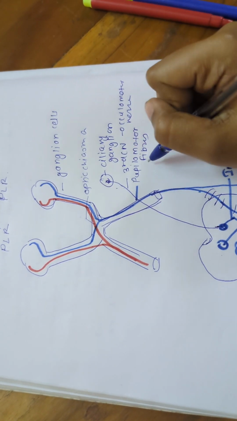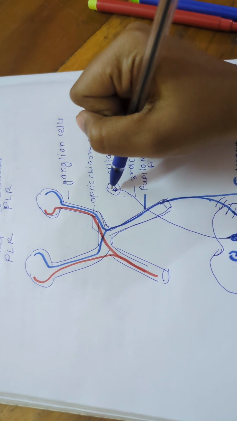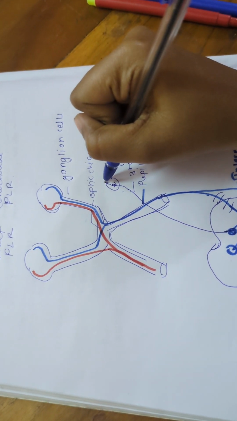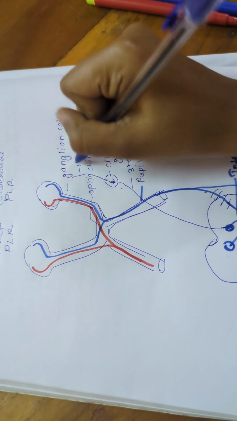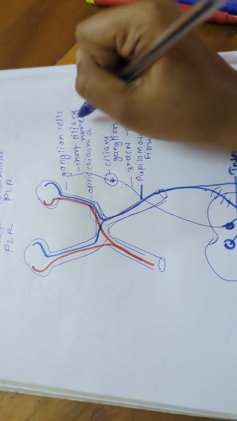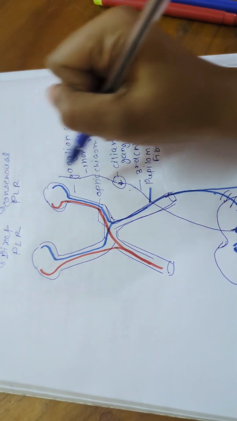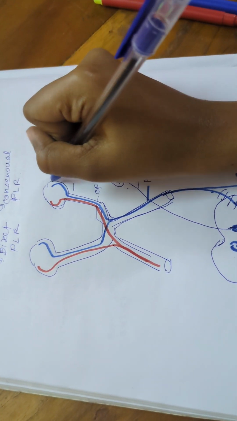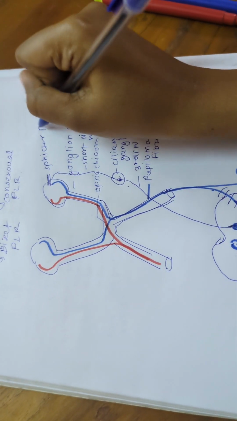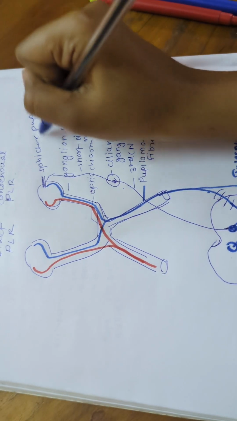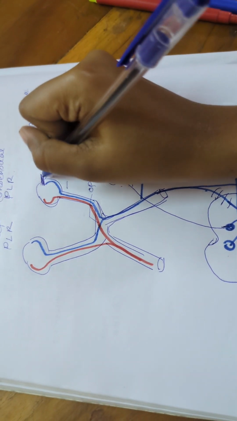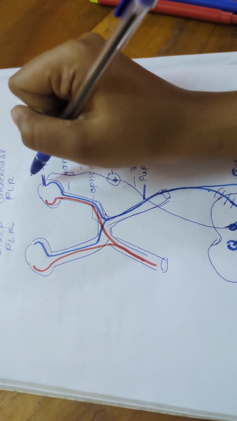These are parasympathetic fibers, and after the ciliary ganglion, the postganglionic fibers travel along the short ciliary nerve, and this nerve innervates the sphincter pupillae muscle. Sphincter pupillae muscle is responsible for constriction of pupil.